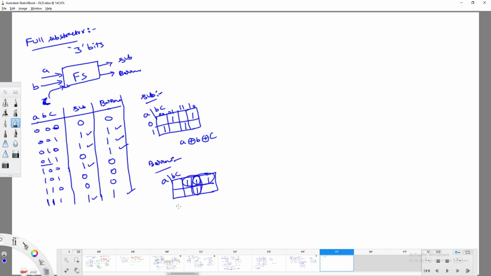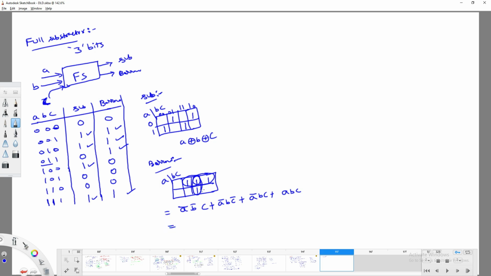So I can write it in the form of minimization. Actually, if I am going to perform the minimization, it will be A bar B bar C plus A bar B C bar plus A bar B C plus A B C, right?